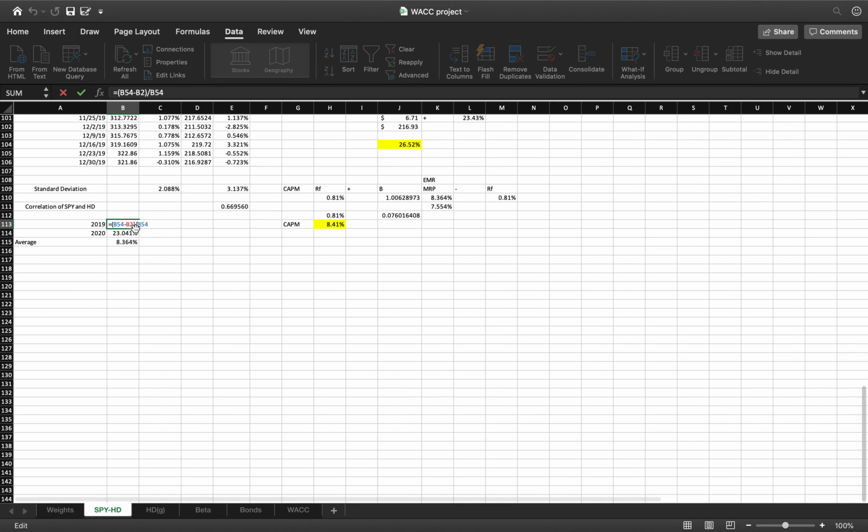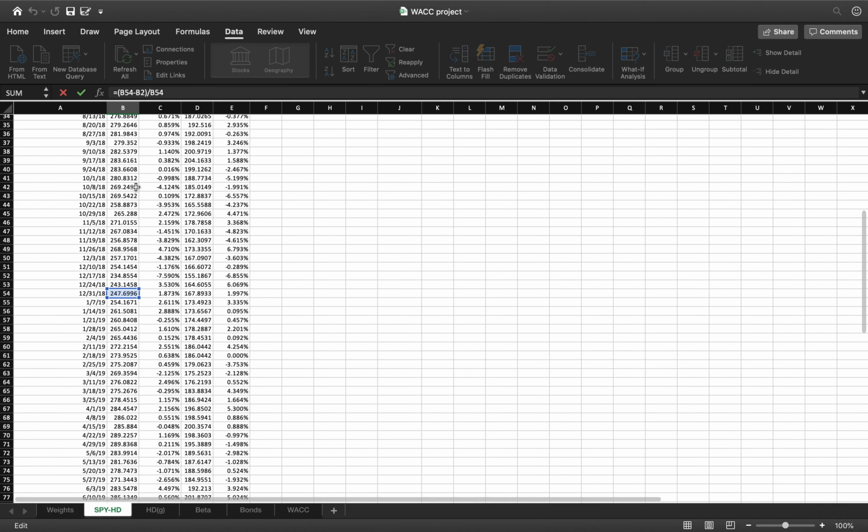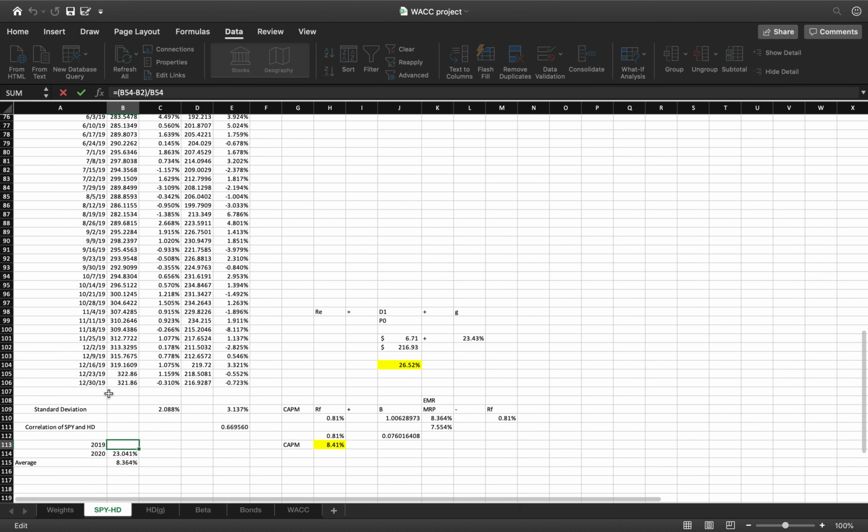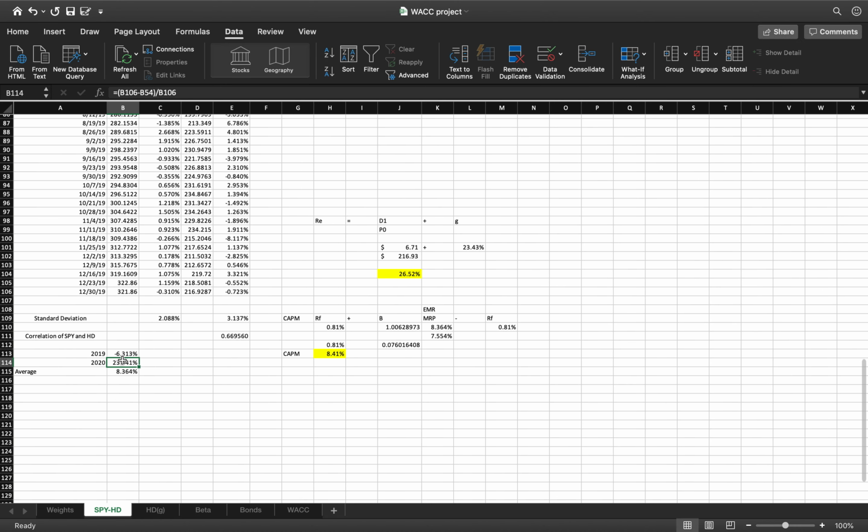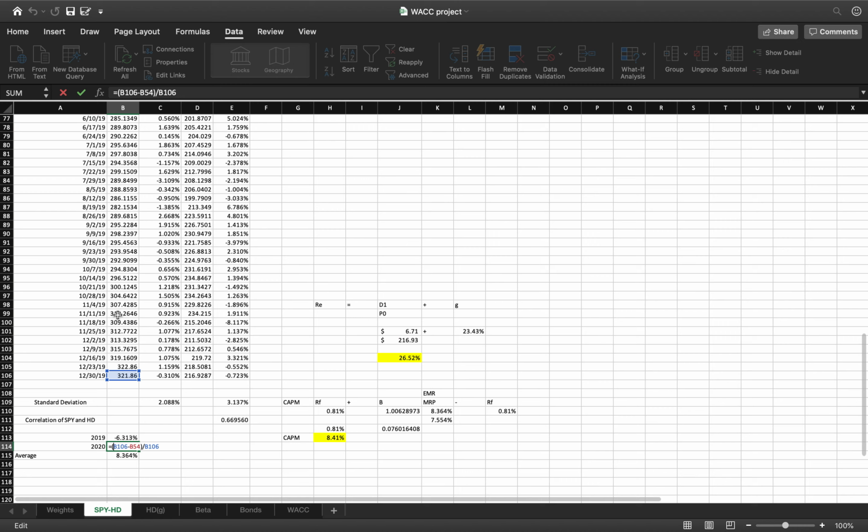And once you do that, you divide it by the last price of 2018, and that gives you a value of negative 6.313%.